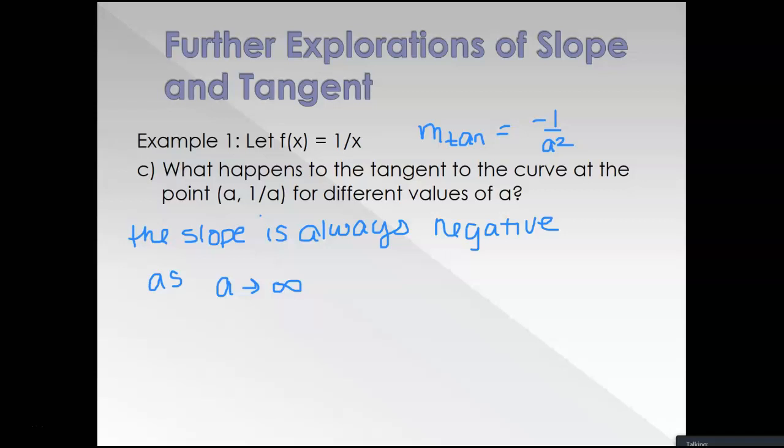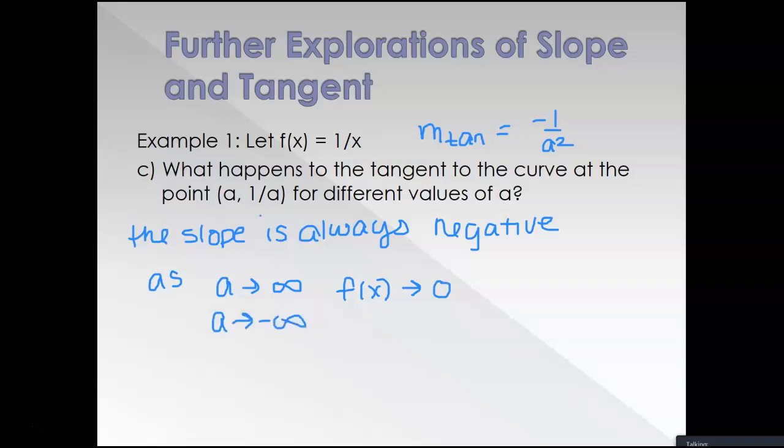Well, as a is getting really, really big, it's negative 1 divided by something really, really big. So Maddie, what happens? Yeah, it's getting really, really small. That means we have a horizontal asymptote. So as a is getting really, really big, f of x is going to 0.